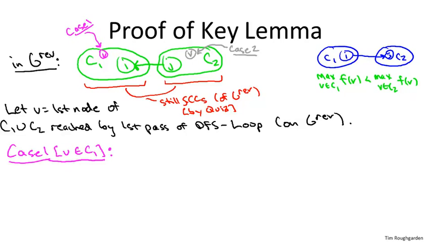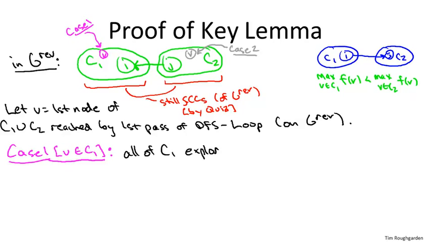In this case, where we encounter a node in C1 before we encounter any node in C2, the claim is that we're going to explore everything in C1 before we ever see anything in C2. Why is that true? The reason is there cannot be a path that starts somewhere in C1, like for example at the vertex V, and reaches C2.